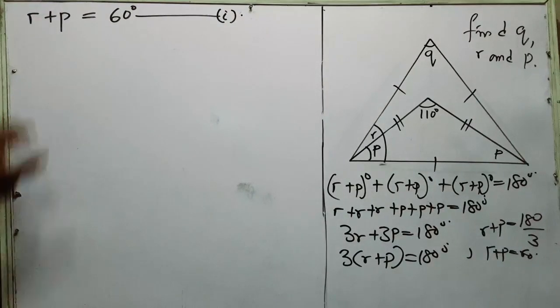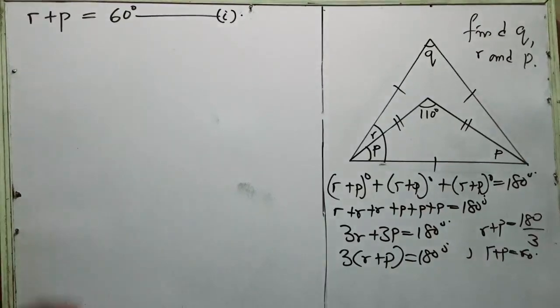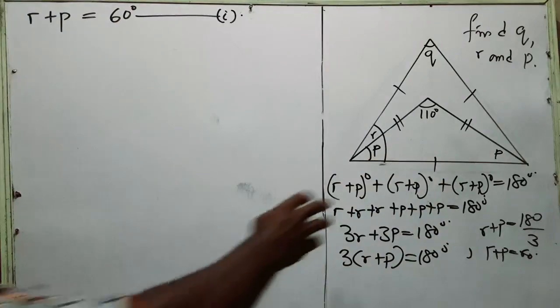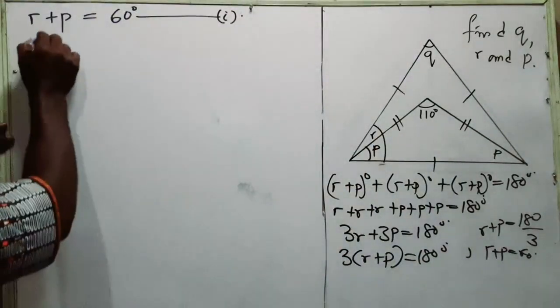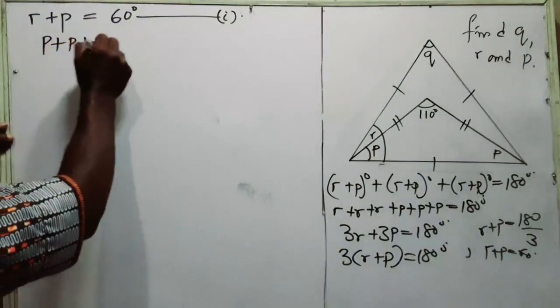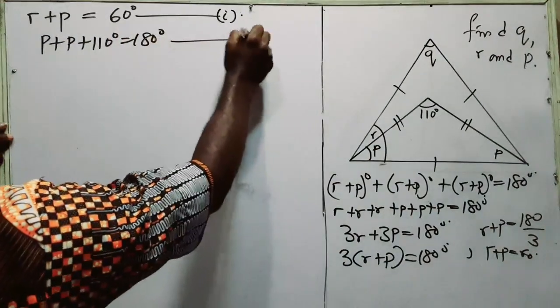So now, if R plus P is equal to 60 degrees, how do we find the value of P first? Since this is an isosceles triangle, the property lets us know that P plus P plus 110 degrees is 180 degrees. We call this one equation 2.